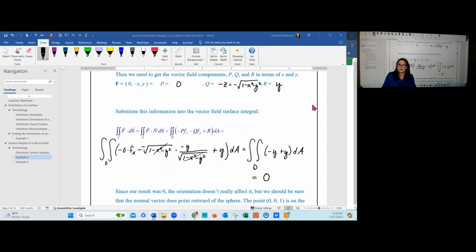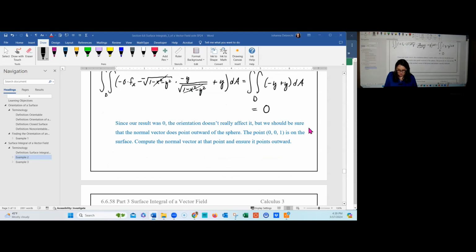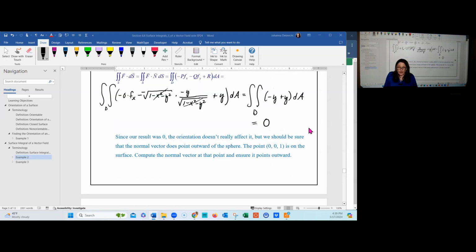Now, we should verify that our vector does indeed point in the general upward direction. It won't really affect our result since it came out to be 0, but it is a good habit to verify. When we're thinking about this quarter circle out here, there are various points we could use. We could use 1, 0, 0.